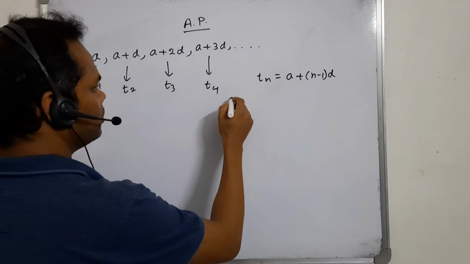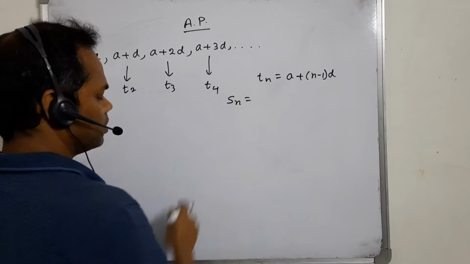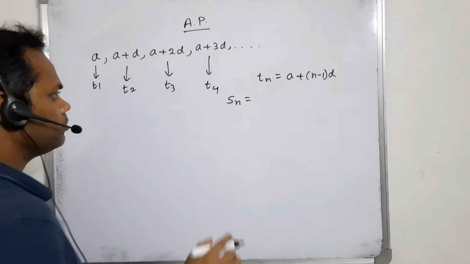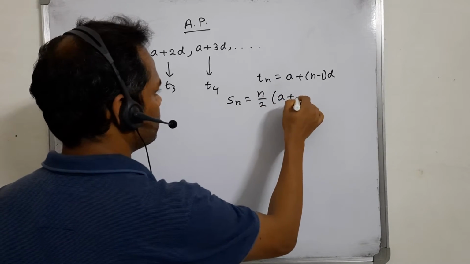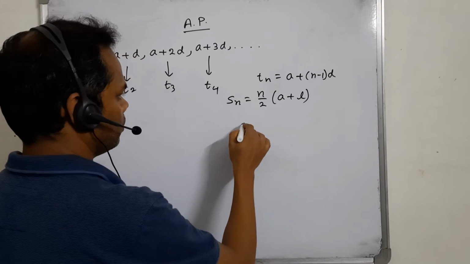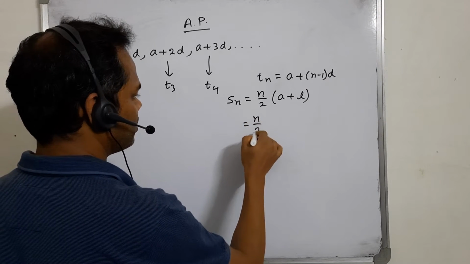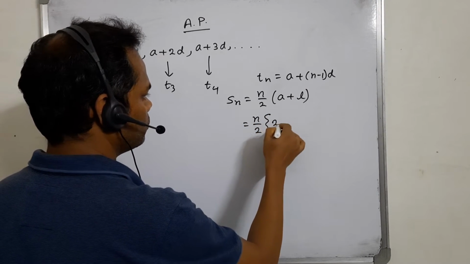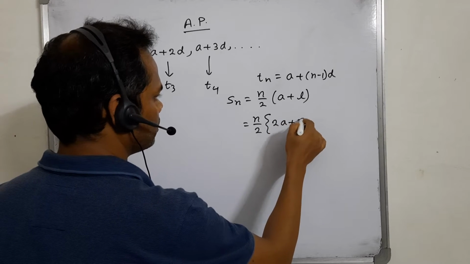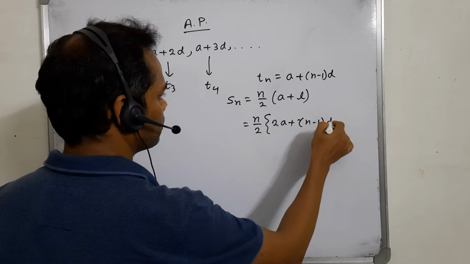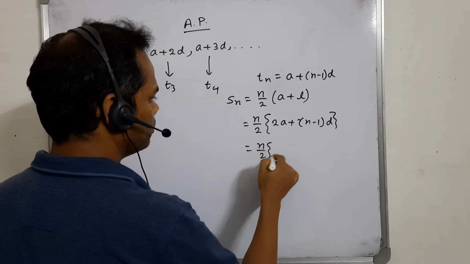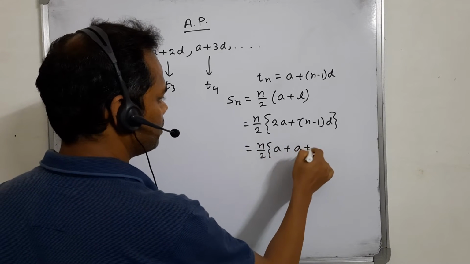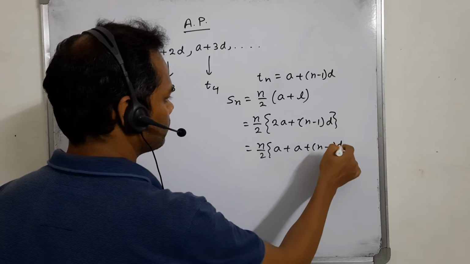So the sum up to n terms, Sn, equals the number of terms by 2 into first term plus last term, or that formula can be written as n by 2 into 2a plus n minus 1 into d. Now here you see that this is n by 2, here a plus n minus 1 into d.